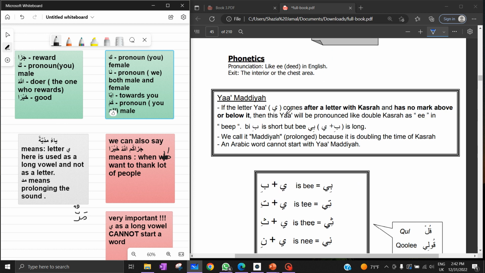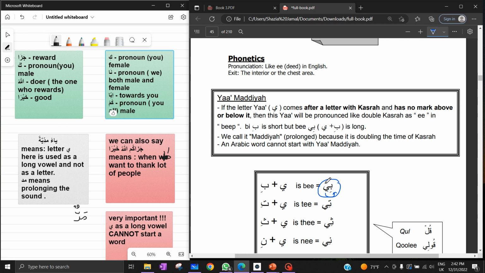Ya Maddiya comes after a letter with kasra. Whenever Ya comes, you will check the previous letter. The previous letter will always have a kasra, as in this example. If there is a Ya and you check the previous letter, if there is kasra, that means this Ya is a long vowel and has no mark above it.